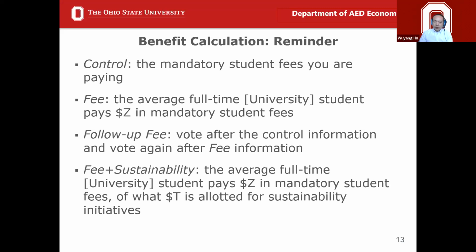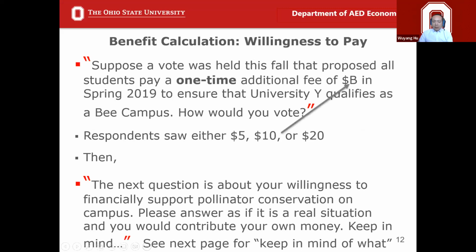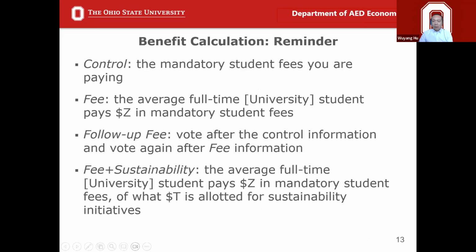Going back to the slide before, would you contribute your own money? Keep in mind that. To follow that, we have 4 treatments. Each respondent is randomly assigned to one of the 4 treatments, so they only see one of the 4.